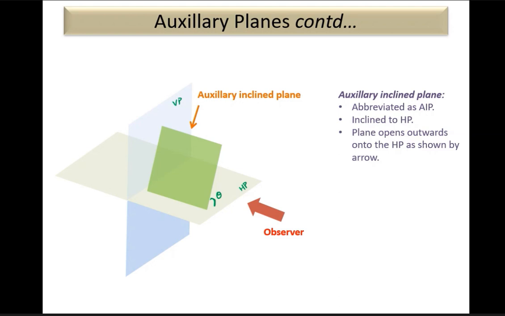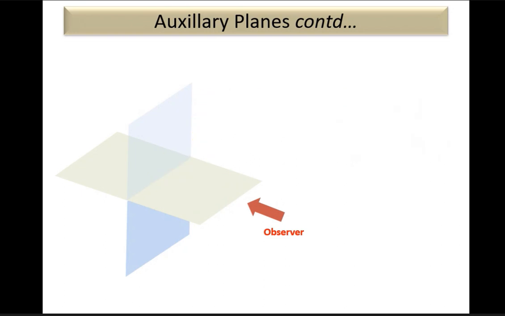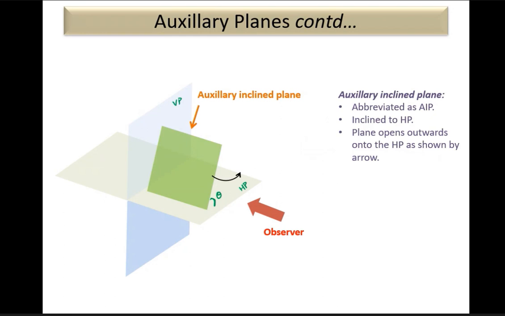So we call it auxiliary inclined plane. Okay, the plane opens outward onto the HP as shown by the arrow. Let me show you. So it will open in this direction, as you can see.